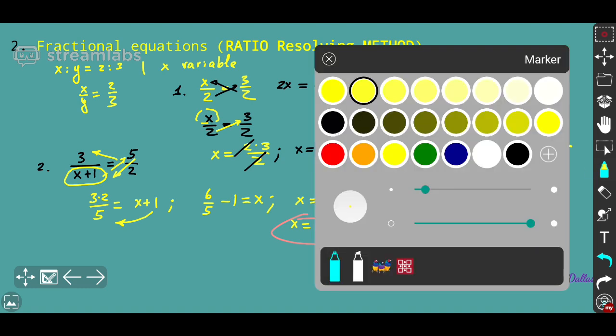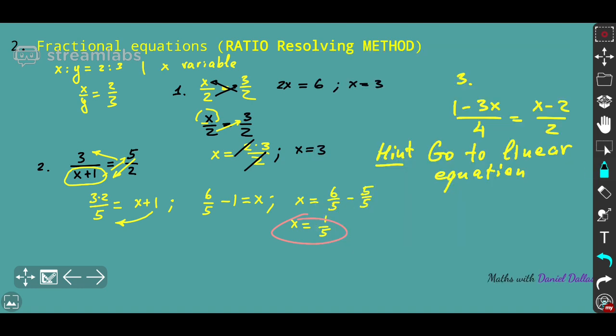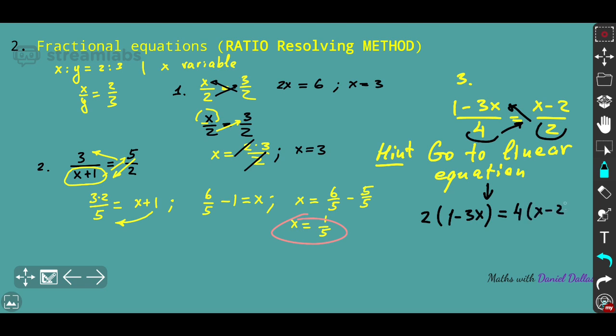Okay, so I'll give you the first step here. I'm going to take the bottom one, 2 here and 4 here, and make a crisscross transfer. So from there, I will have 2 times 1 minus 3x, and the right side will have the following form, 4 times x minus 2.